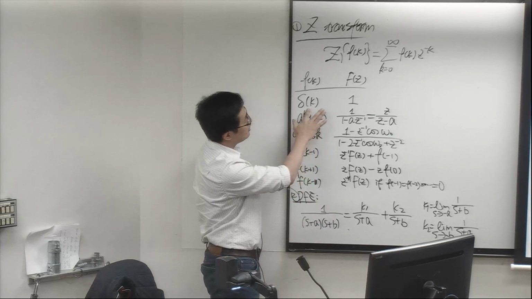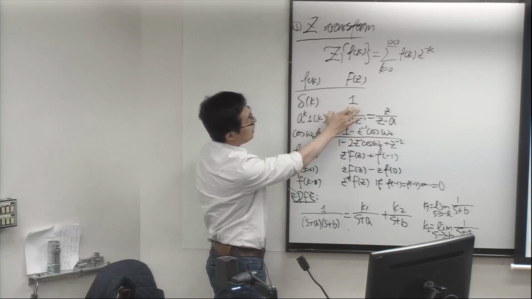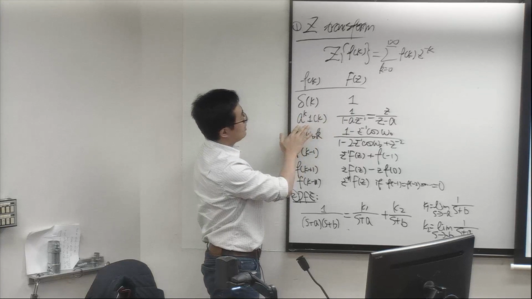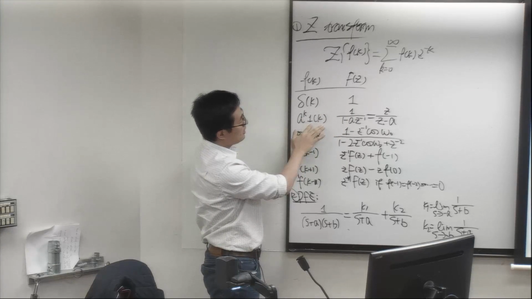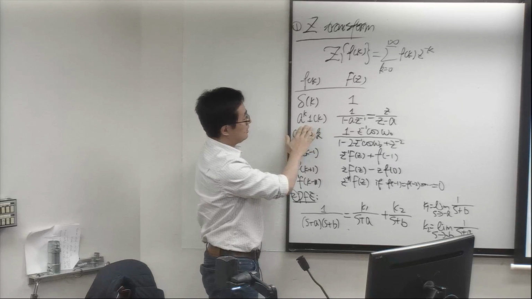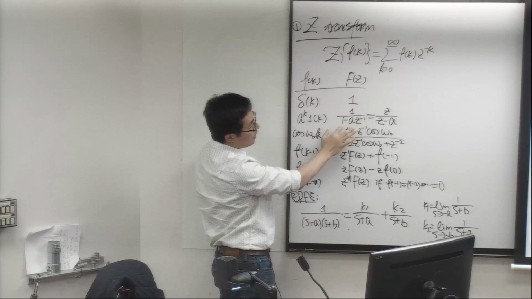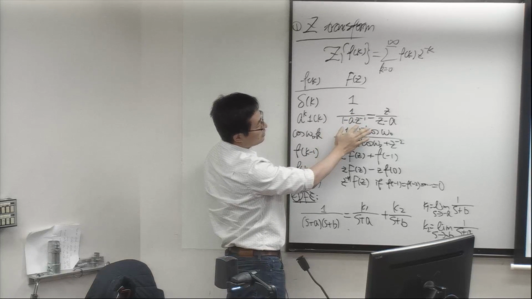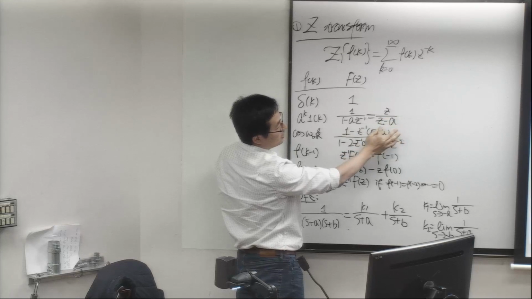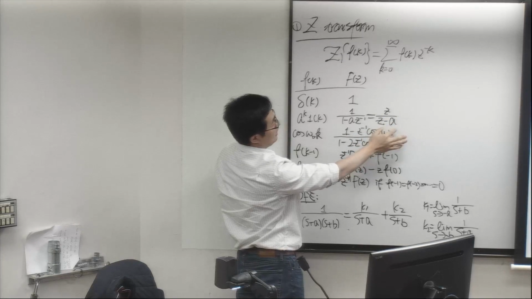We see the impulse also corresponds to 1 in the discrete time sequence. And the geometric sequence, a to the k times 1 of k, is sort of like e to the negative at in the Laplace case. So it's 1 over 1 minus a z to the power of negative 1. Or if you prefer, you can write it as z over z minus a.